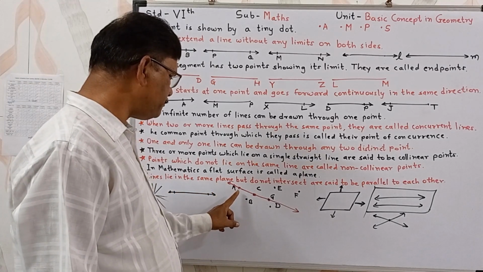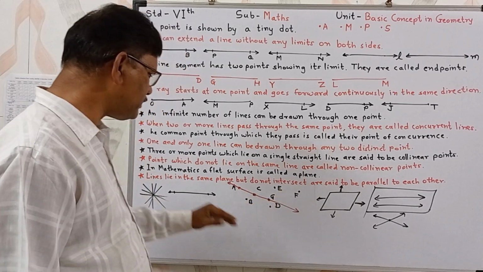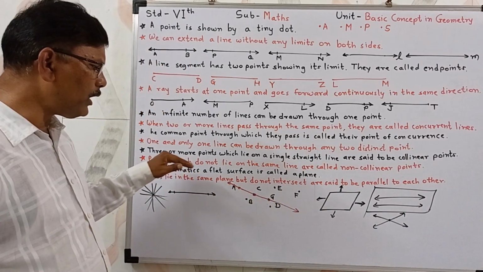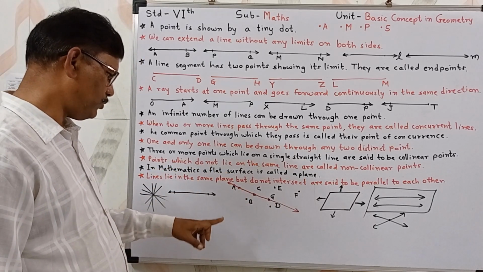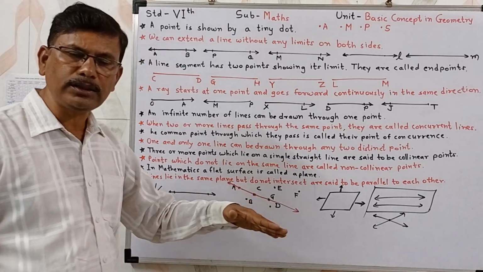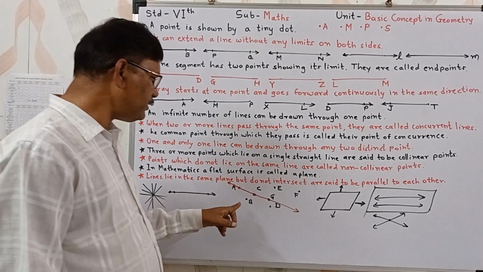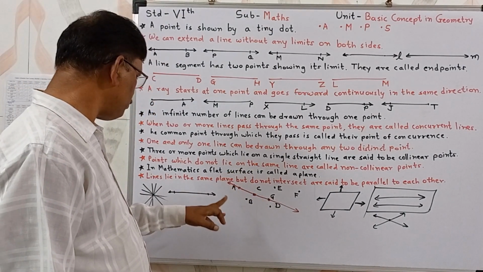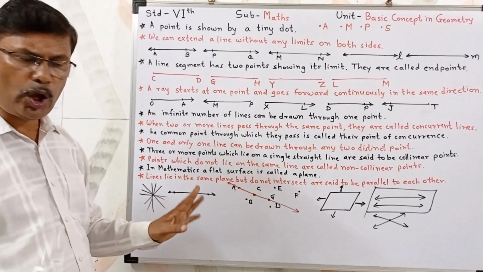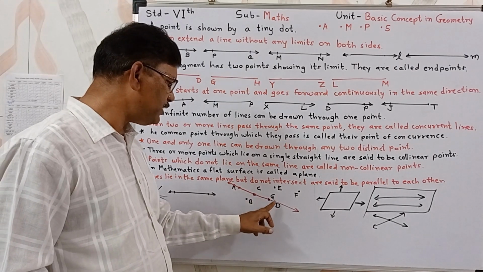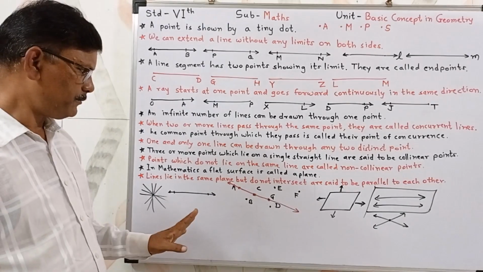Then the next one, when 3 or more points lie on the same line, these points are called collinear points. And the points which do not lie on the same line, means B, D, E, F, these points are called non-collinear points.